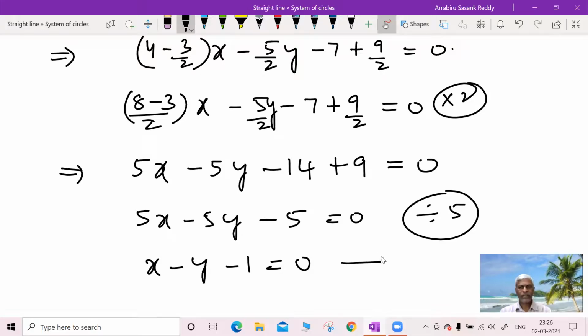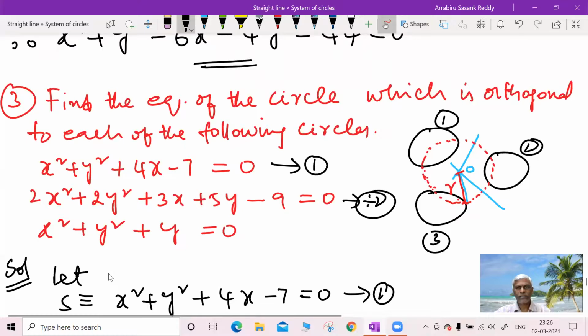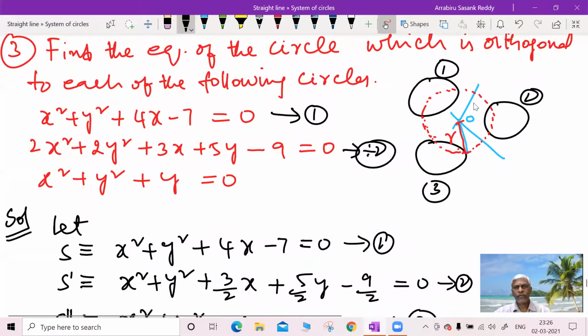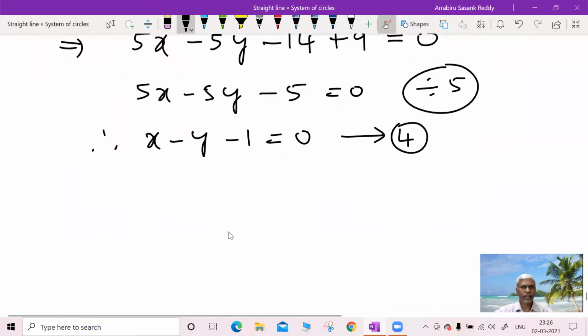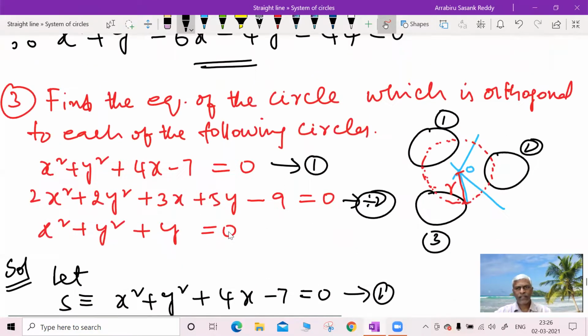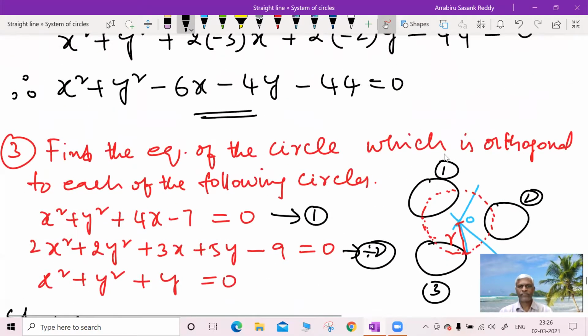So let it be equation 4. This is the radical axis. You can look at figures 1 and 2, this blue line is the radical axis. And we need one more radical axis. Now let us calculate the radical axis of, you can take 1, 2, 3 or 1, 3.